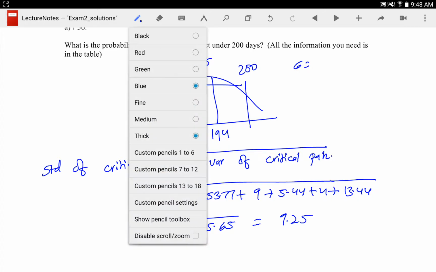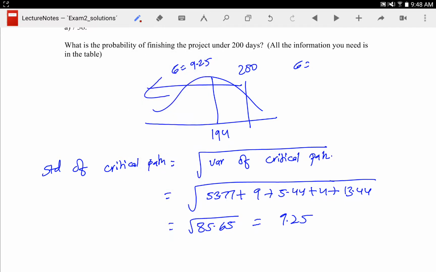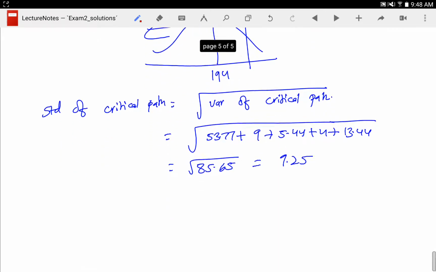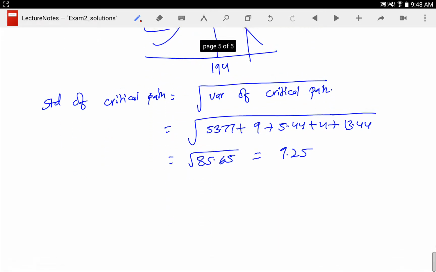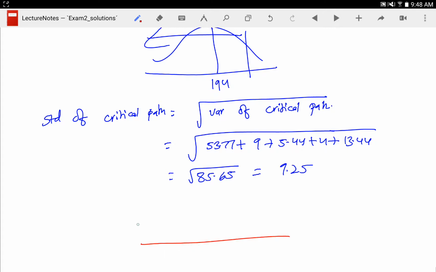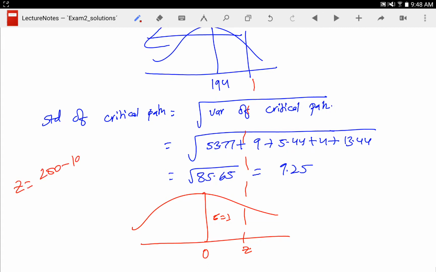Let me use a different color here. Well, you have to find the equivalent of this in a standard normal, with a mean of 0 and a standard deviation of 1. You have to find the equivalent of 200, and that is what we call Z. So Z is nothing but 200 minus 194 divided by 9.25.